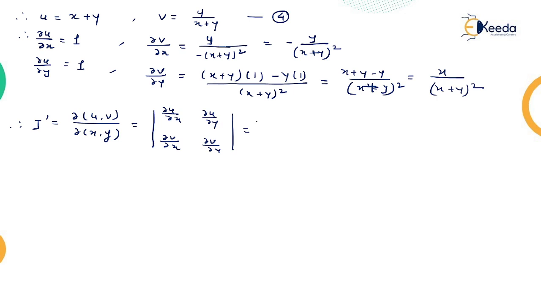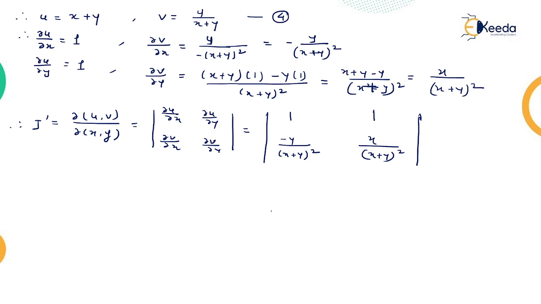Let me write here the values. First ∂u/∂x is 1. Next ∂u/∂y is also equal to 1. Next ∂v/∂x is minus y divided by (x+y) whole bracket square, and the next value is x upon (x+y) whole bracket square, right?